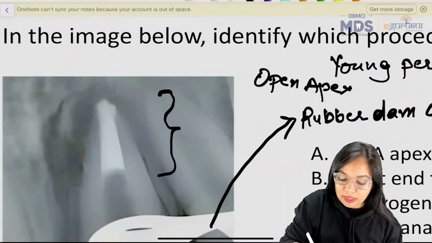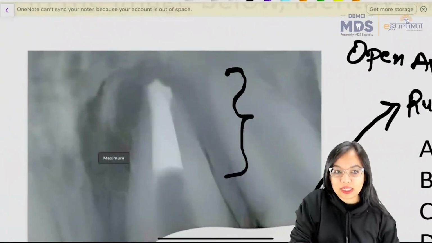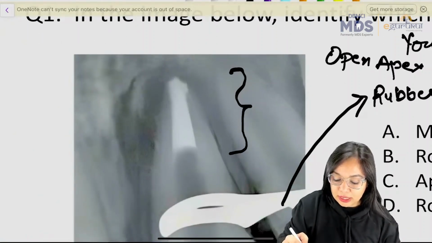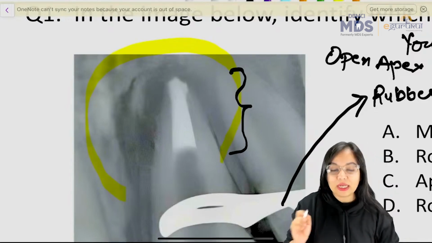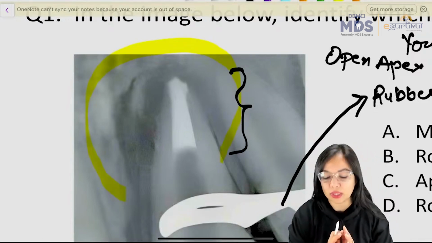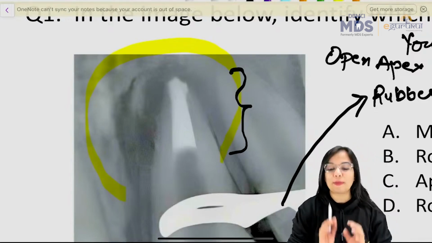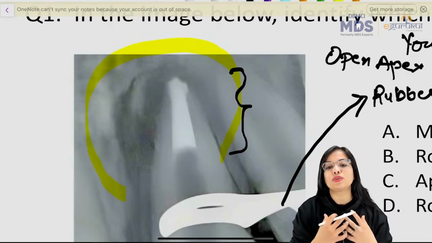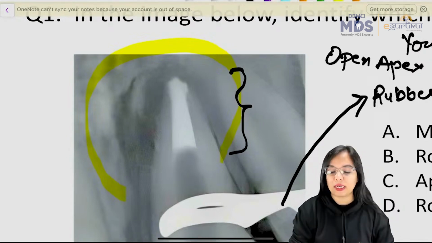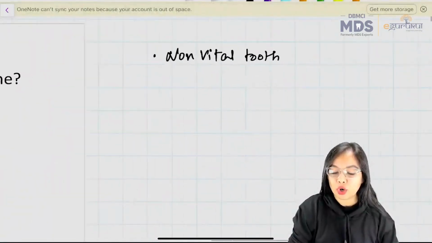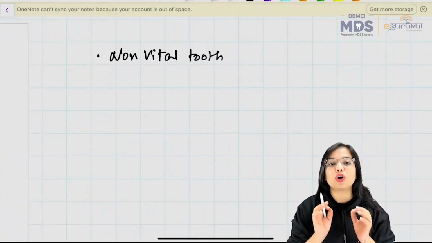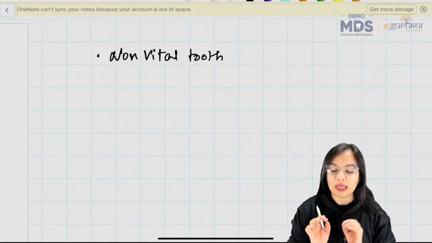Okay, you can easily notice that there is a good amount of periapical lesion present over here. So can you see the clear radiolucency around the tooth, around the root apex, which is an abscess that is formed, which we can call a periapical lesion. Okay, so it is a non-vital tooth. It has a periapical lesion, and the treatment opted will undoubtedly be an apexification.